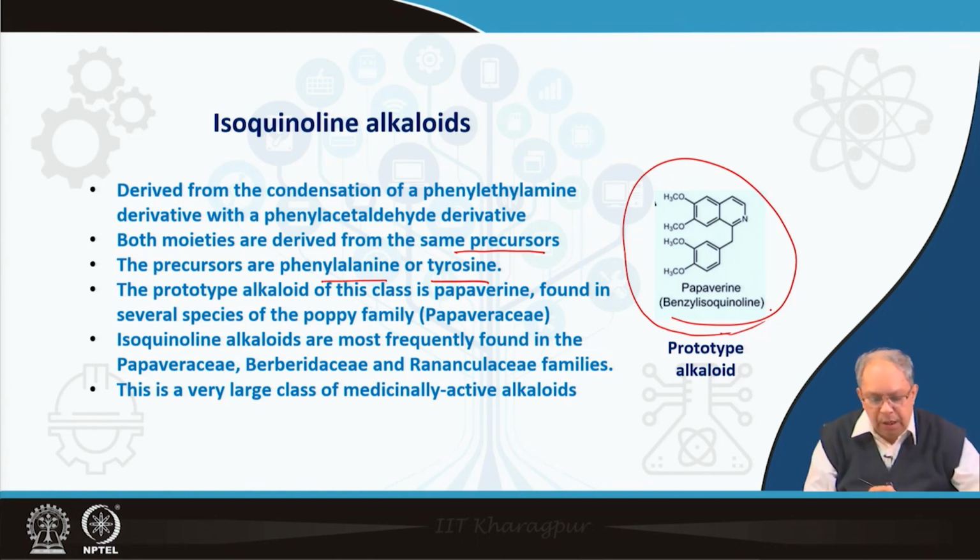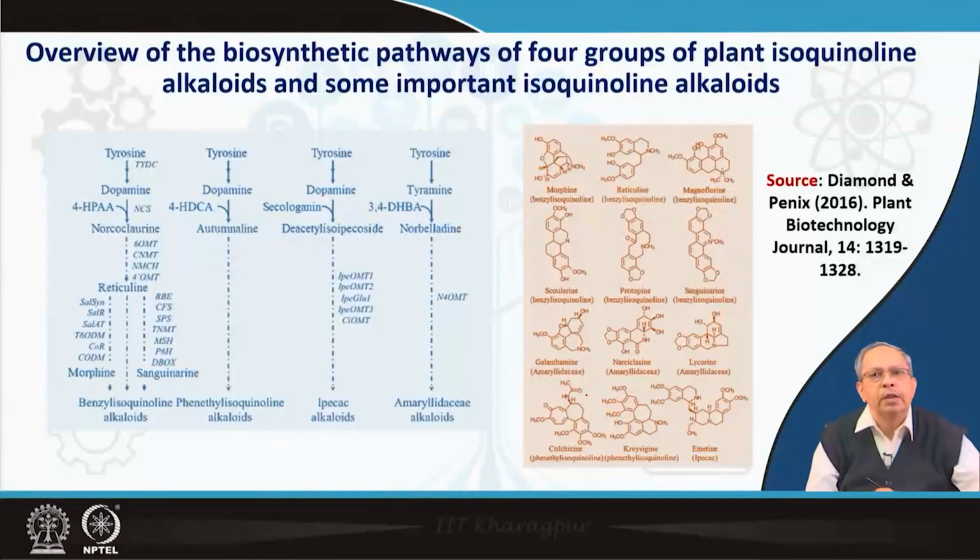Isoquinoline alkaloids are found not only in the Papaveraceae family, but also in the Berberidaceae family as well as in the Ranunculaceae family. This is a very large class of medicinally active alkaloids, and that is why we are studying this.